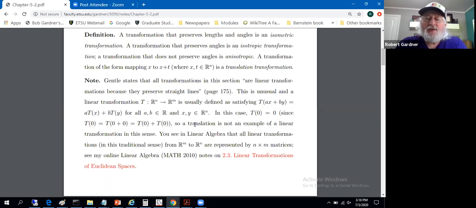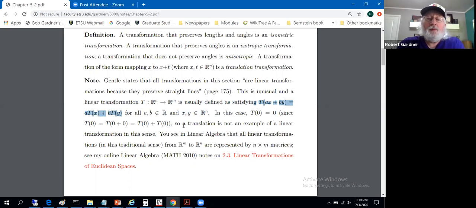Well, a translation moves things, and adding a vector t is not going to satisfy this condition unless t is the zero vector, in which case your translation is by nothing. You're not translating. It's an identity transformation, if you like. So translation doesn't satisfy this more widely used definition of linear.